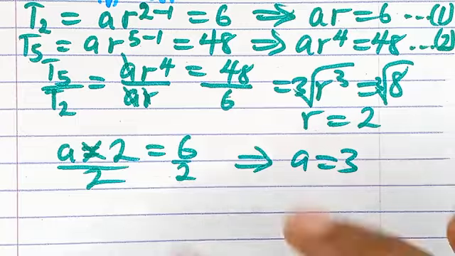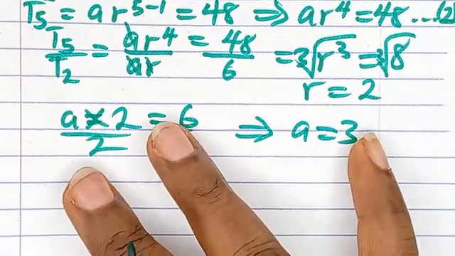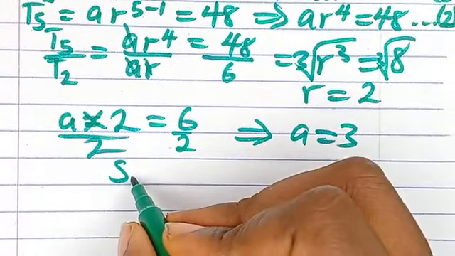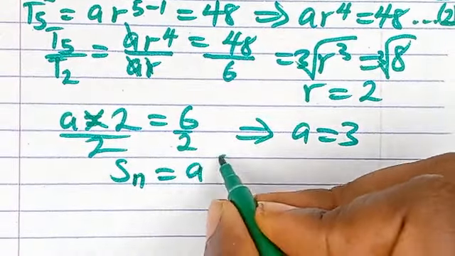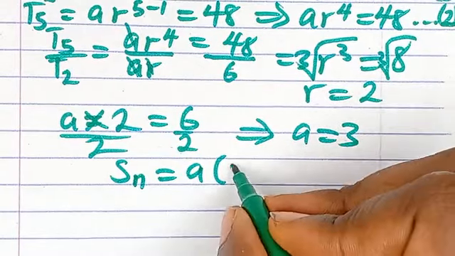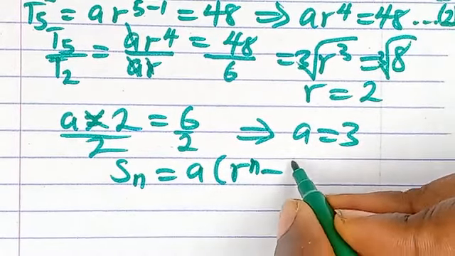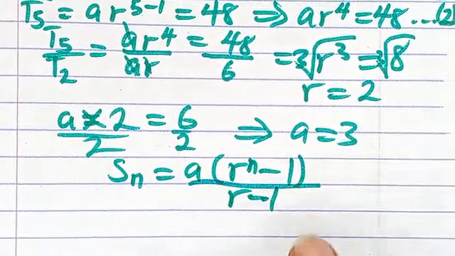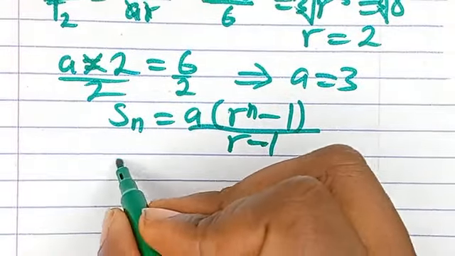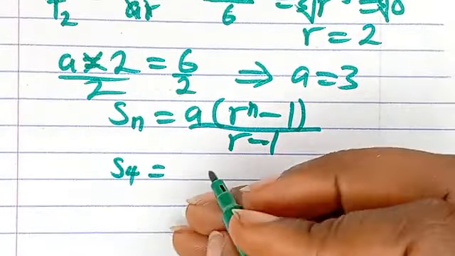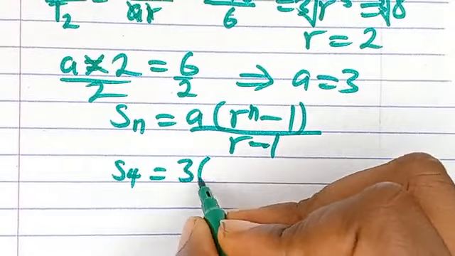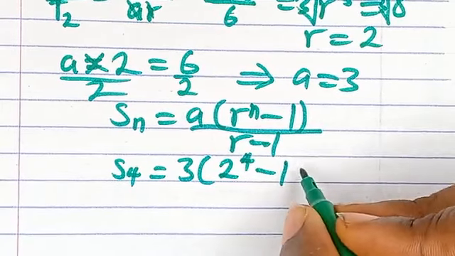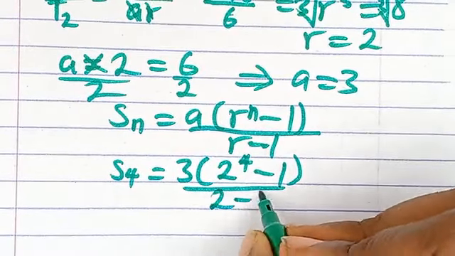Okay, having found that, we go over to the sum of a GP. Sn is equal to A, and our R is bigger than 1, so it is R raised to power n minus 1 over R minus 1. So the sum to the fourth term is equal to A, which is 3, R is 2, number of terms is 4, minus 1 over 2 minus 1.